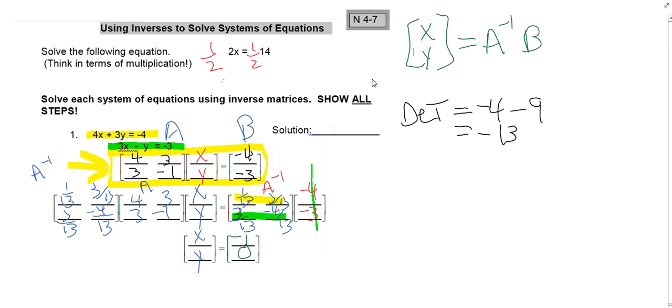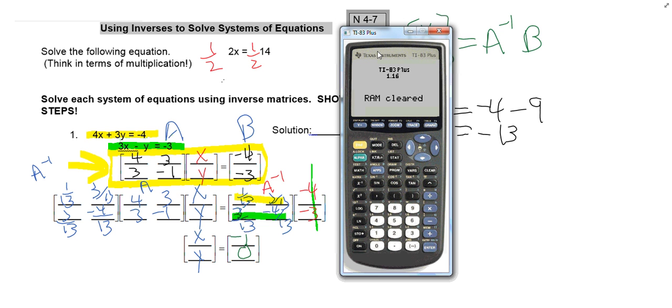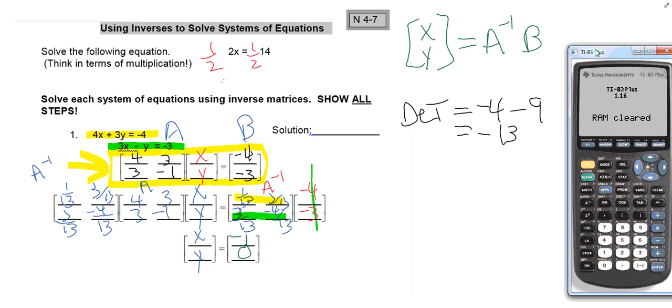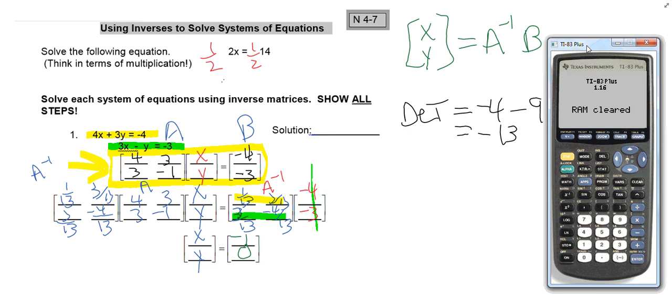So remember, we're going to put in the first matrix in A, which is a 2 by 2, so second matrix, and we'll edit that A, and we'll put a 2 by 2 on there. And we have 4, 3, 3, negative 1.